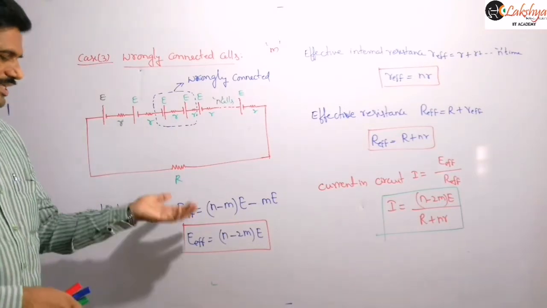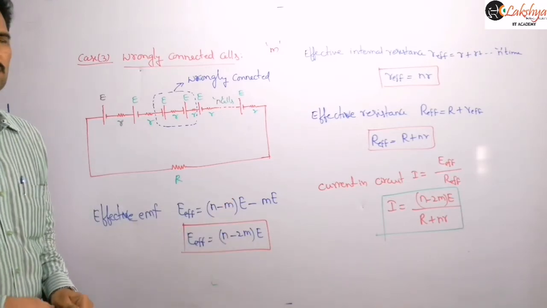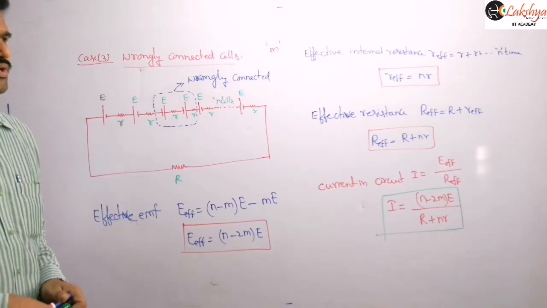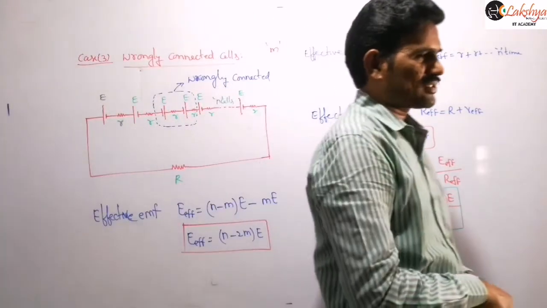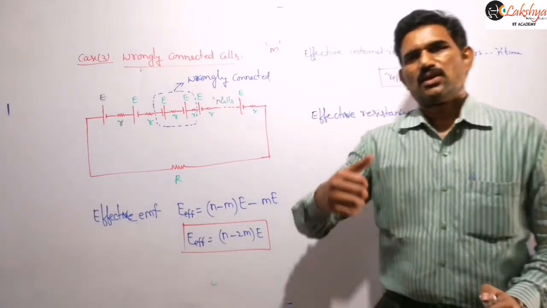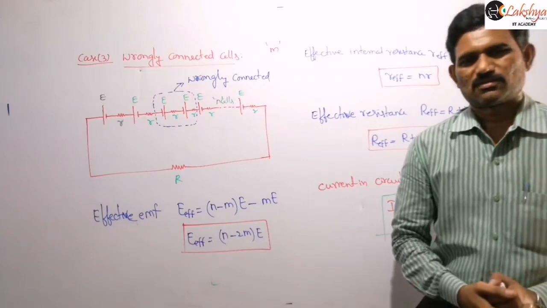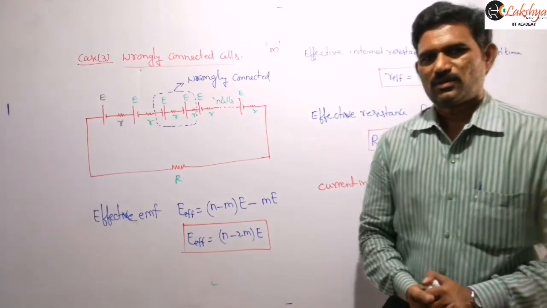That means the EMF of the correctly connected cells minus the EMF of the wrongly connected cells we need to write, right? So that is a series combination of cells, when identical cells are connected in series and some cells are wrongly connected. Got it? Series combination of cells, right?